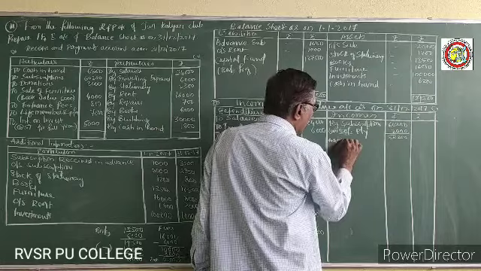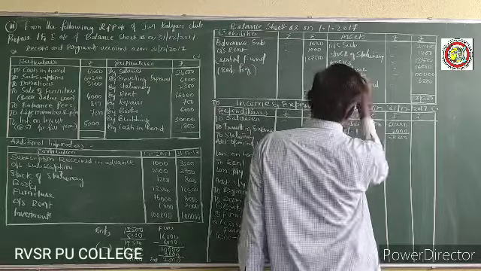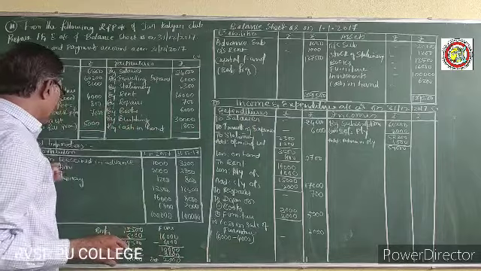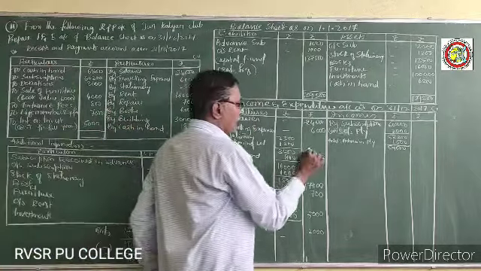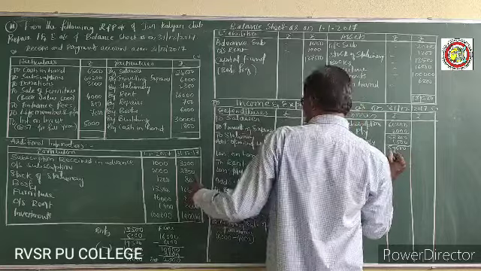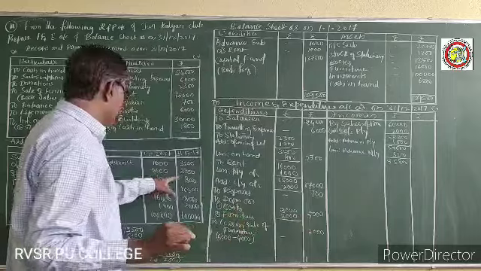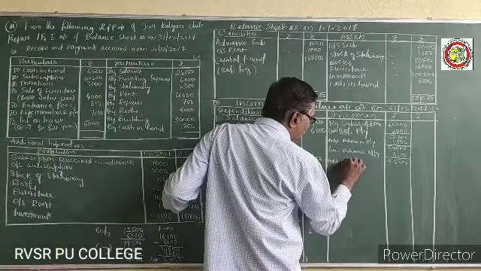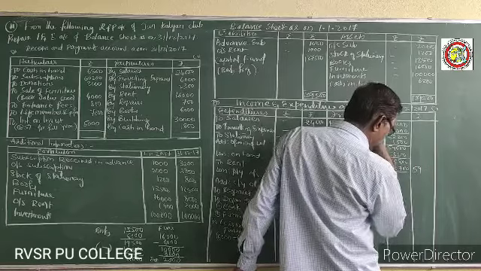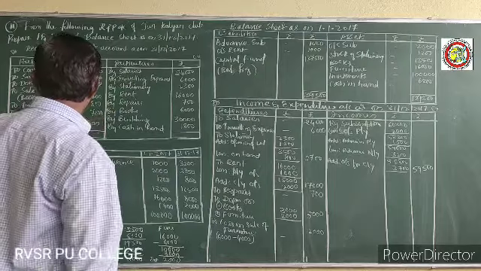Add advance in the previous year 1,000, so 59,000. Less advance for next year 3,200, so 55,800. Add outstanding subscription for the current year 3,700. So 59,500.